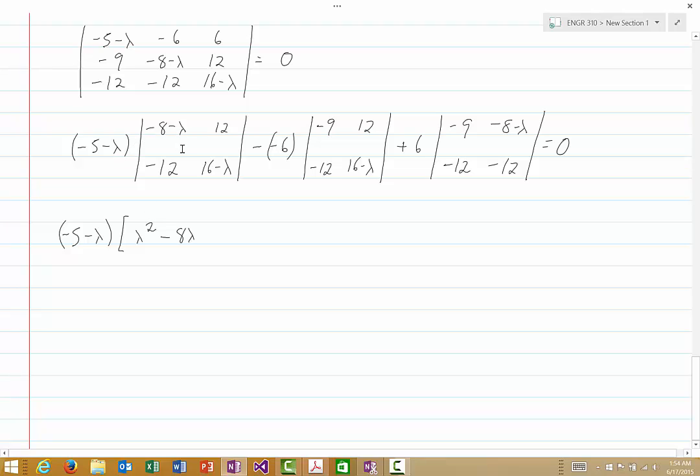And then finally, -8 times 16 is -128, and minus 48 is accounted for in the other minor. And then we also need to remember this other term. We have a minus a negative 12 times 12, so minus a negative 144, so that will give us plus a positive 144.